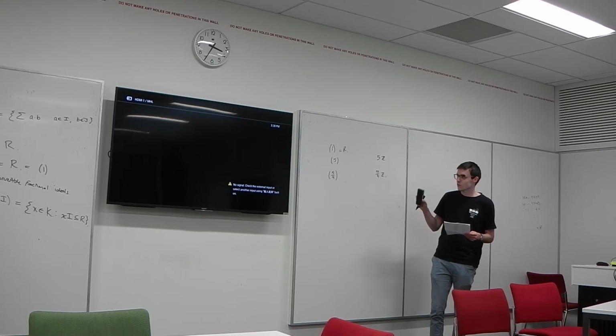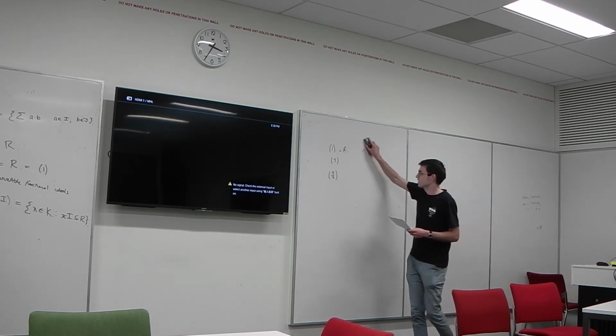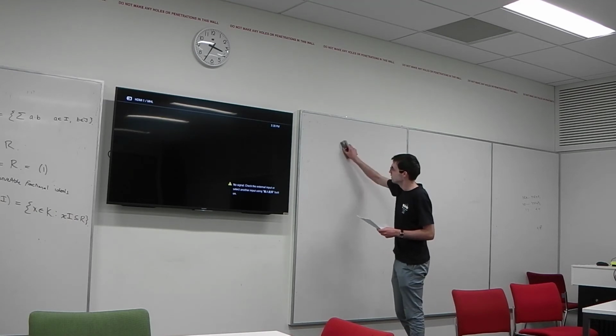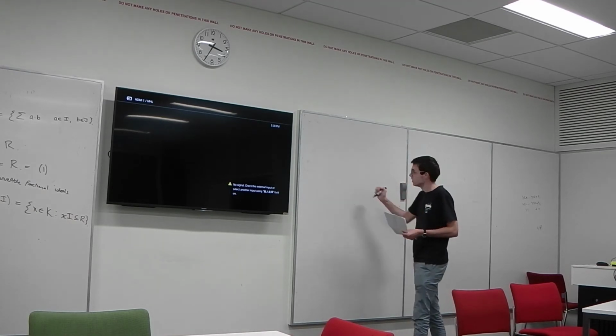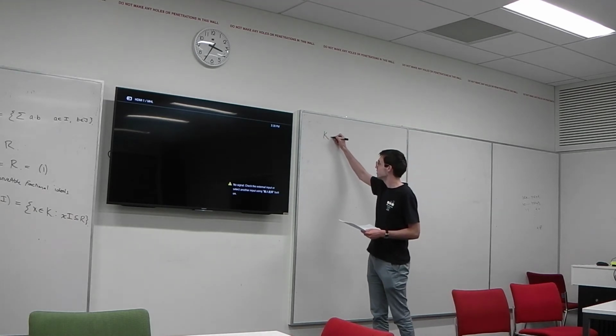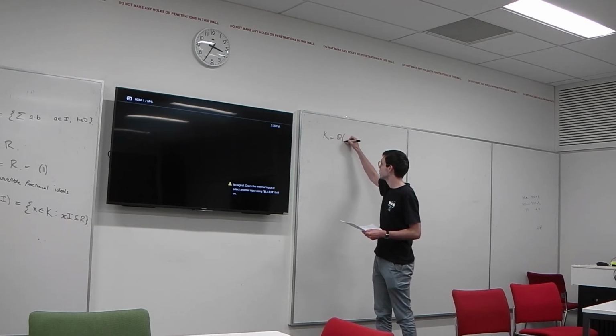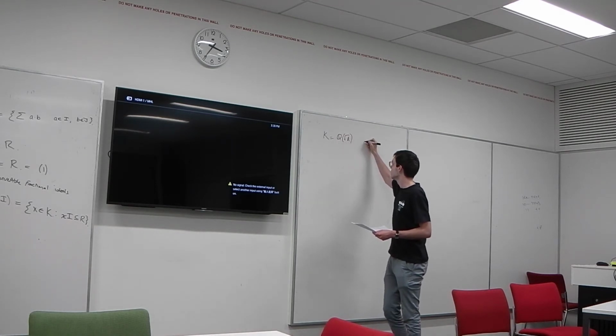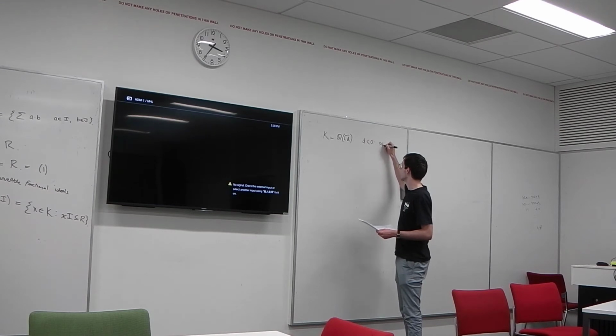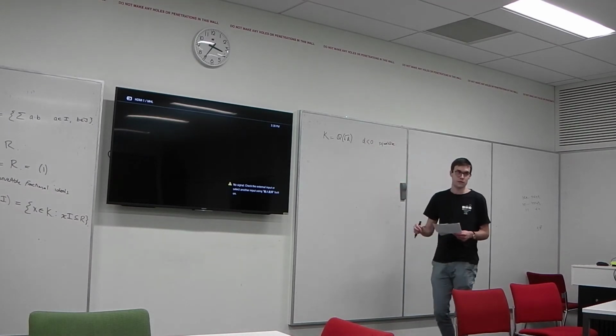I think that's all we need to actually talk about the class group. So remember, we've got K equal to Q adjoined with the square root of d, where d is less than 0 and square-free. So K is an imaginary quadratic number field.